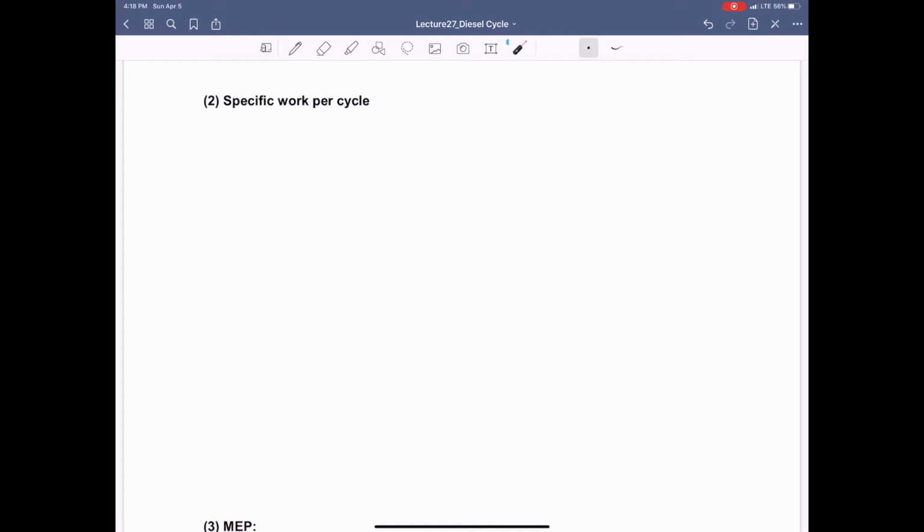As I already explained earlier, we can write the net work per cycle, in terms of per unit mass or specific, as Q in minus Q out, or in terms of W_E minus W_C. No matter what relation you use, we should have exactly the same value for W net.